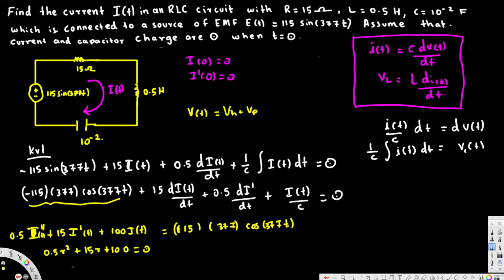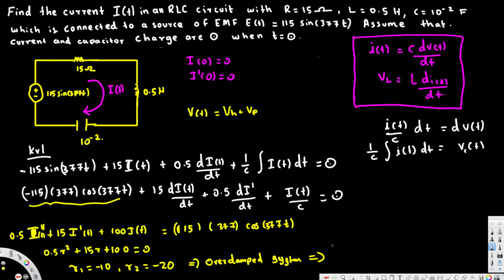If you solve for r, you will get r1 equal to negative 10 and r2 equal to negative 20. Since we have two distinct real roots, that's going to be an overdamped system. Okay, so this is an overdamped system. So we can write the homogeneous solution for the overdamped system.